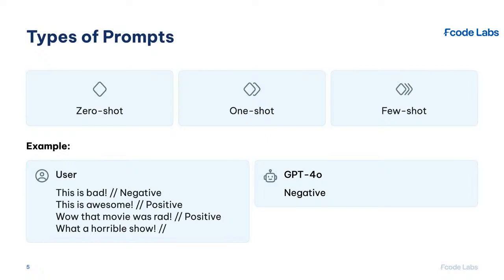Here's an example that I tried with ChatGPT. I gave a bunch of text with different labels, and the LLM tried to recognize the pattern and label the last text. It has clearly said that it is a negative statement.